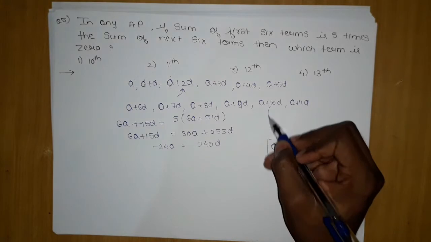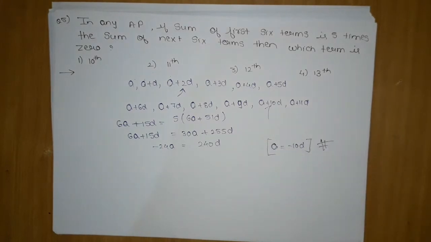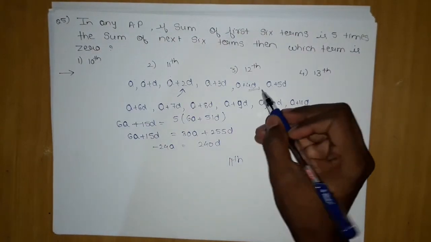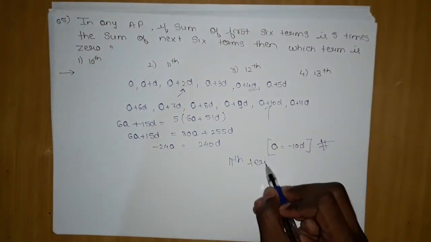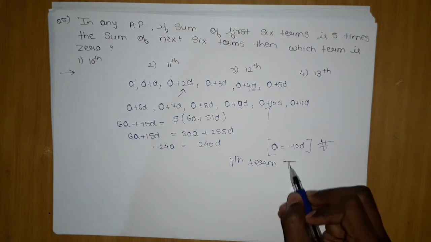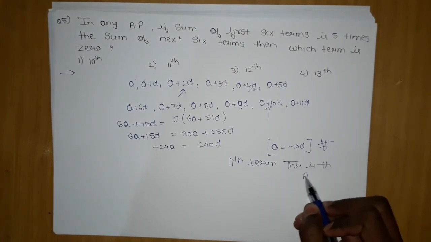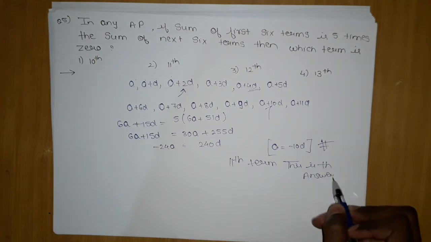Now a plus 10d signifies which term? Remember, if you take the 11th term, it will have 10d. So it is nothing but the 11th term. That's why I was telling you the importance of this 11th term. So this is our answer, which is the second option.